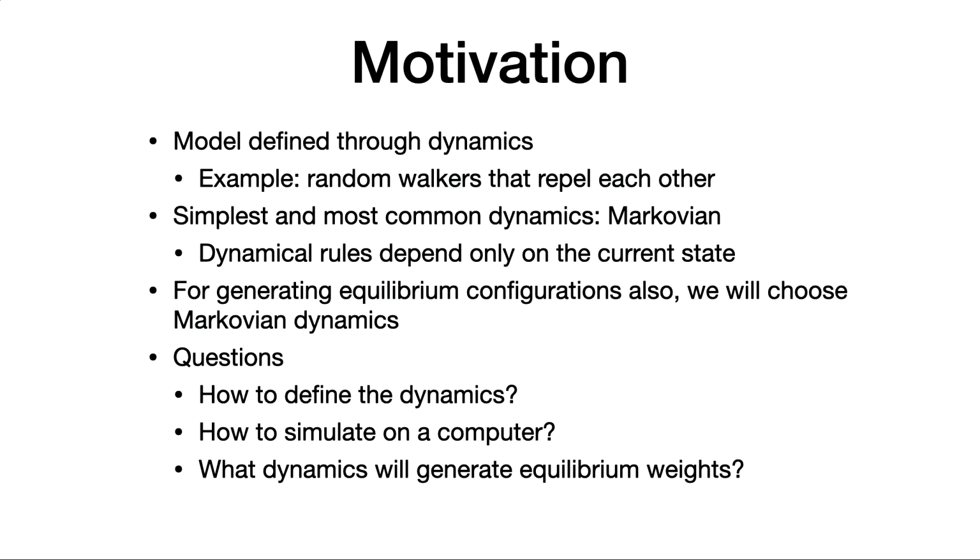For that, the simplest dynamics is something called Markovian dynamics, which says the new configuration I can determine only if I know the previous configuration. So the questions we would like to answer are how to define the dynamics, how to simulate it on a computer, and what dynamics will generate the correct equilibrium rates.